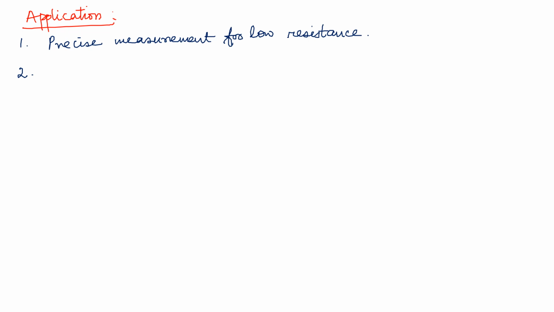Now, Wheatstone bridge with an operational amplifier is used to measure physical parameters. What are these physical parameters? Such as temperature, light, and strain. Wheatstone bridge plus our operational amplifier. Operational amplifier you will be reading in your 14th chapter, that is semiconductors.